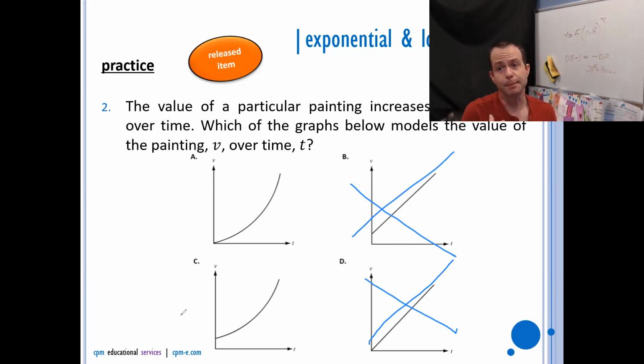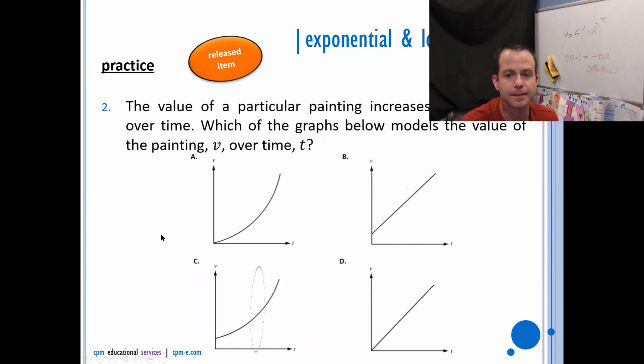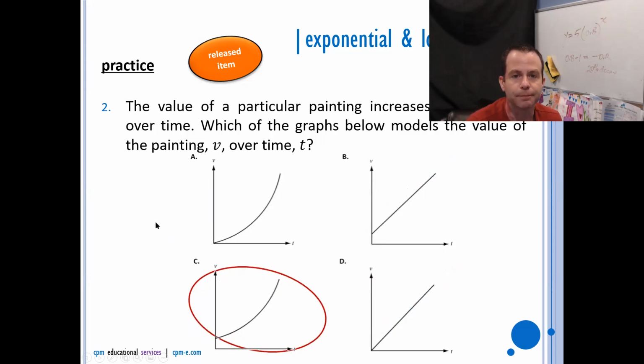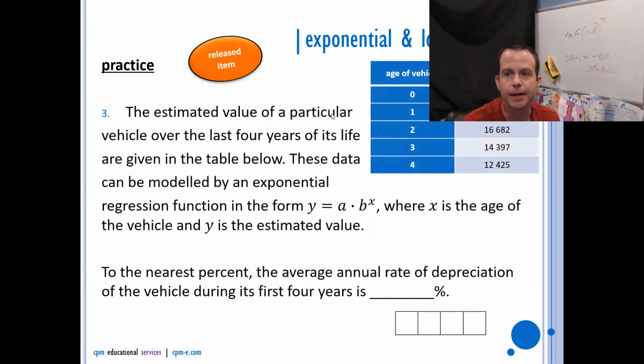Granted, if it was my painting, the starting value would probably be 0, but we're assuming that the starting value is something here. And so that's why we're going to have to say the answer is C, okay? C. Okay, good job.